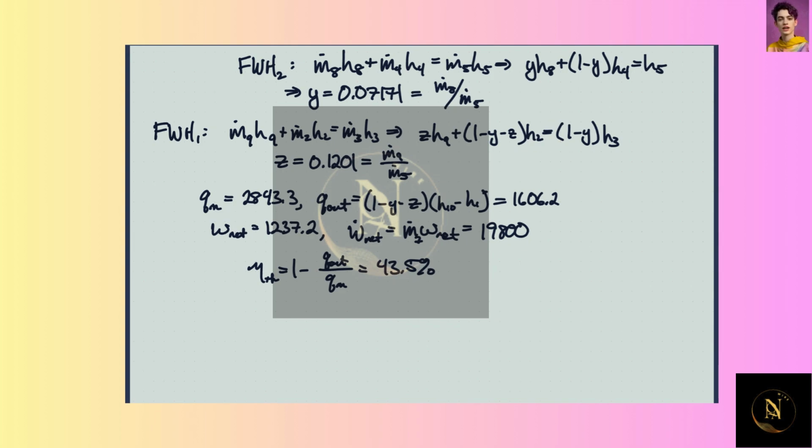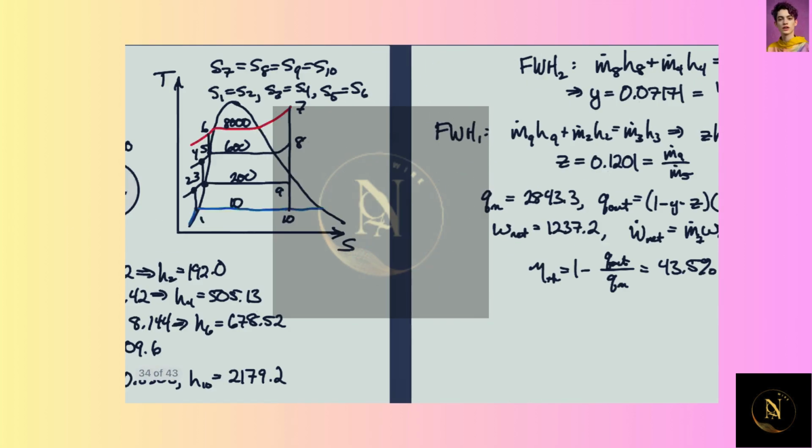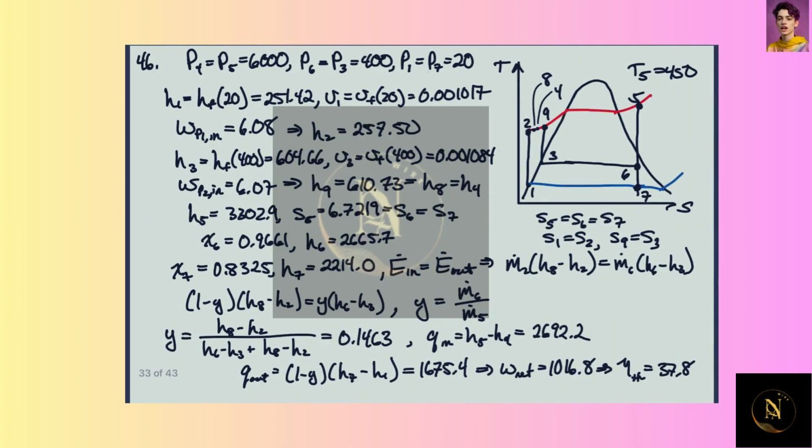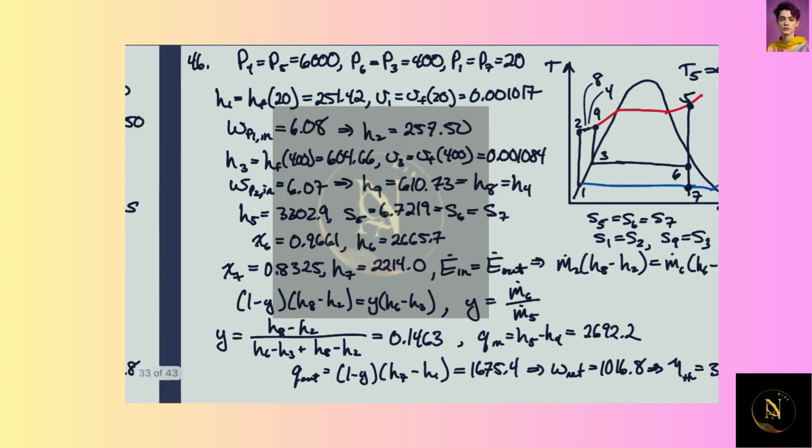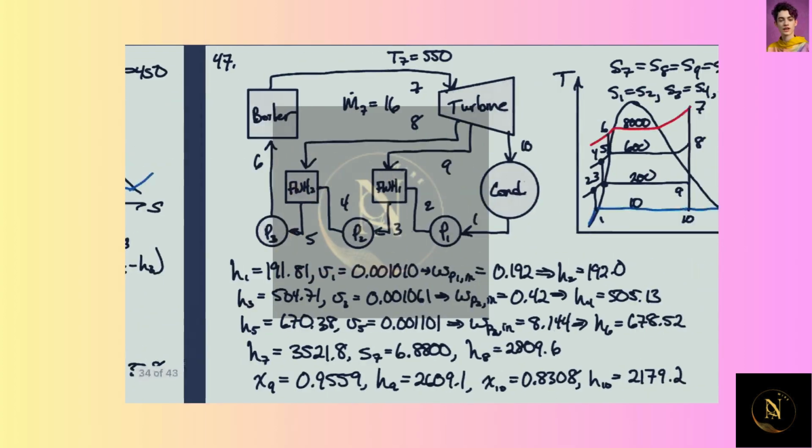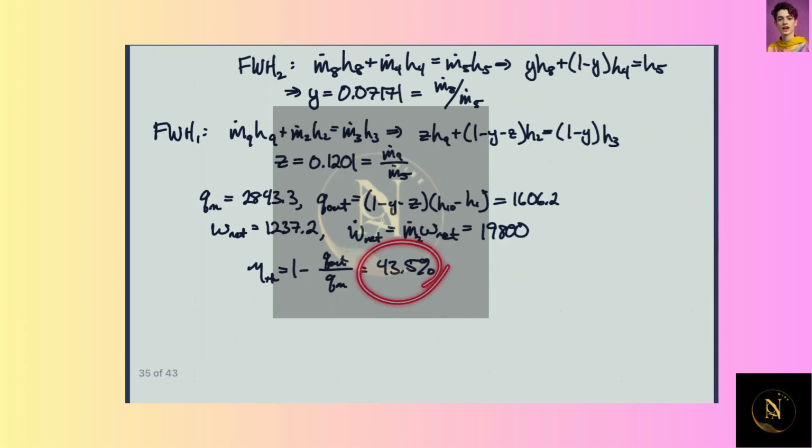And finally, we can get the thermodynamic efficiency. Well, this is one way of doing it. Other way we could take this divided by this, either way. And we get that is about 43.5%. So pretty efficient compared to some of the other systems that we've looked at. Like in the previous, this was 37.8. This was also 37.8. So now we've got it up to 43.5.